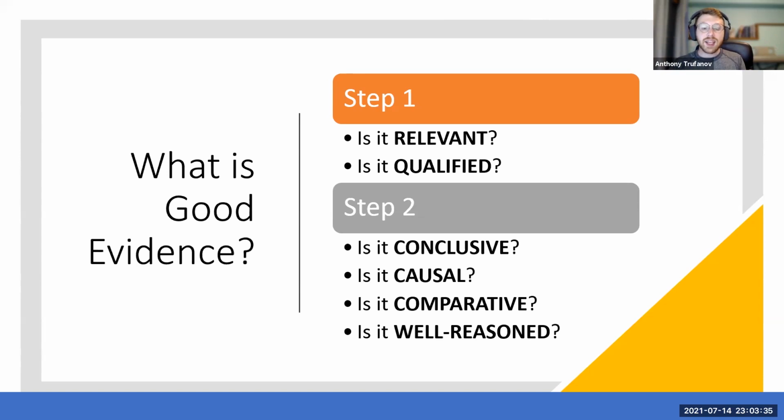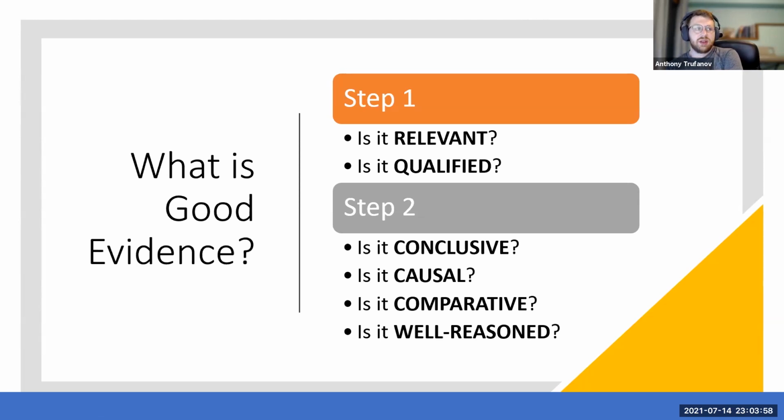That second piece of evidence will be better because it's saying social media causes something bad. It's not just saying, we looked at the world and it looks like two things are happening and maybe they're related, I don't know. They're not sure. So causal evidence is better.